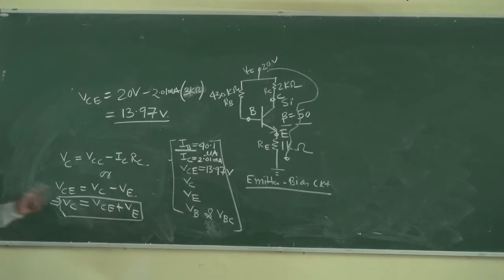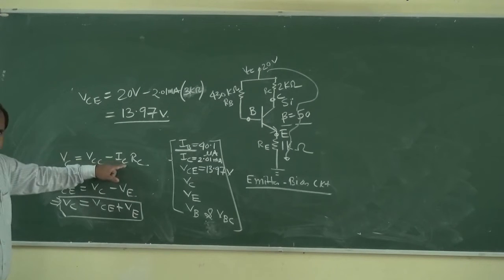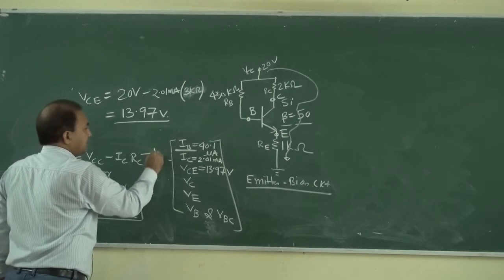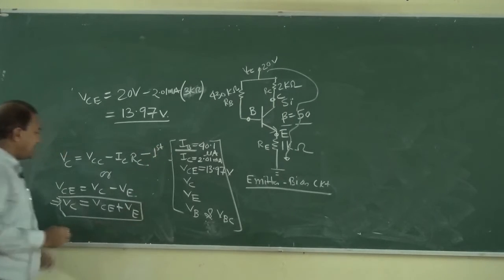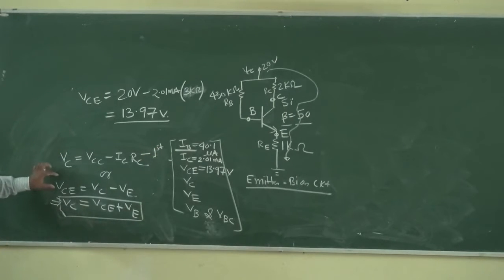So there are two methods of calculating VC. The voltage at point C is equal to VCC minus IC RC. This is the first method. The second method uses the equation VCE equals VC minus VE.